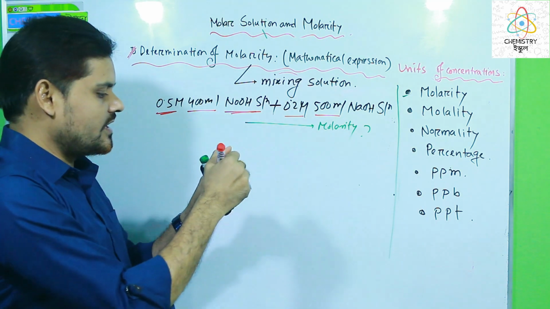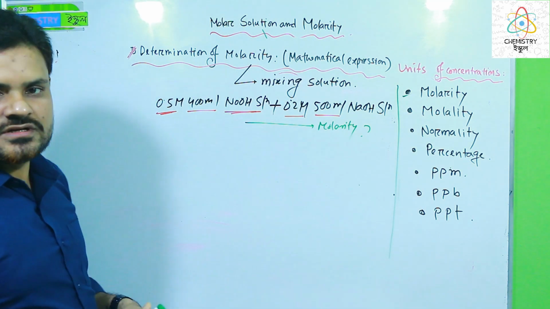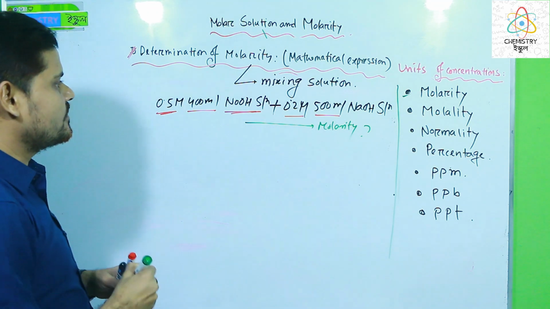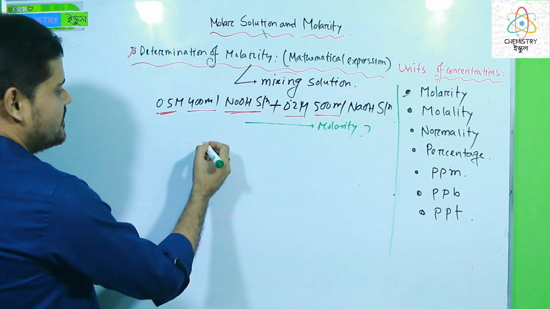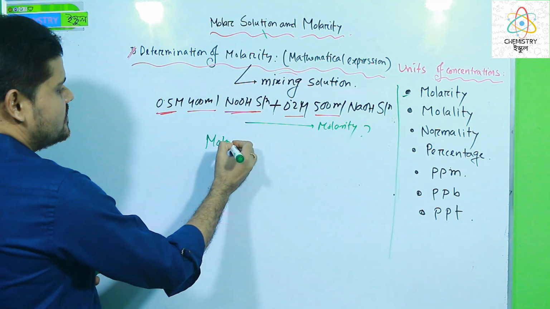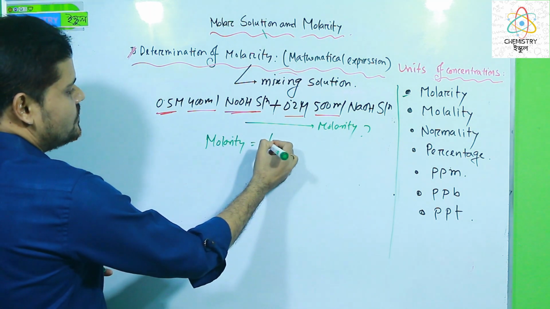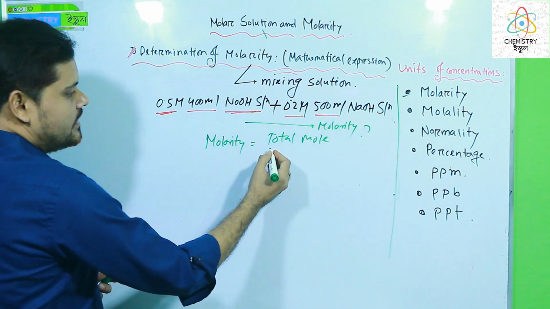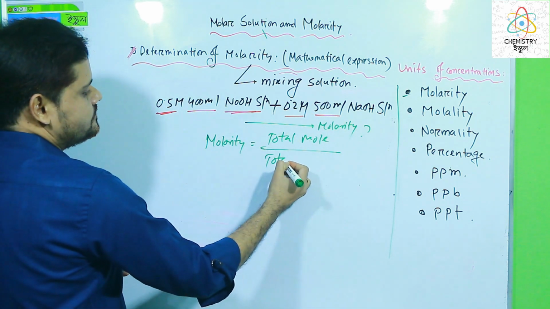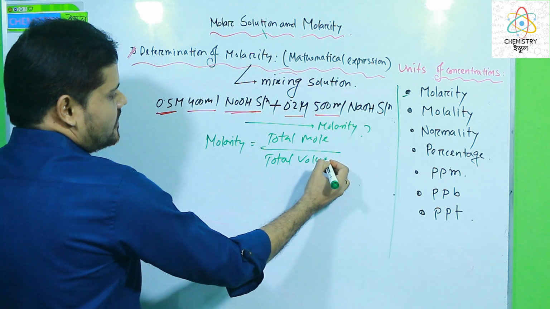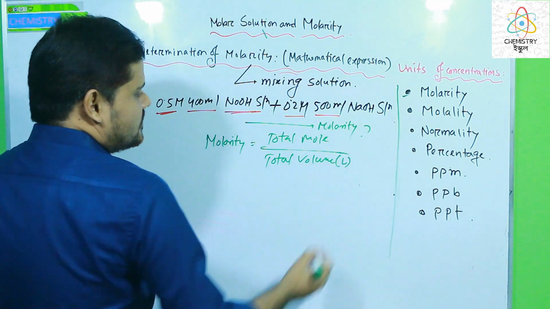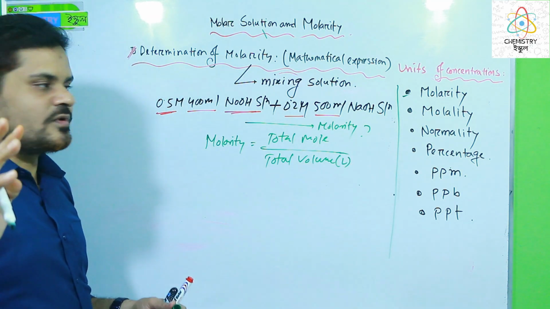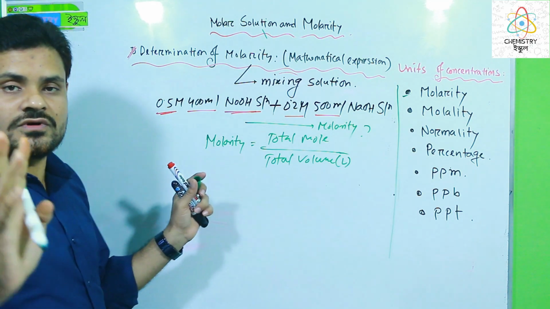So we have the information to determine the molarity. Here we can find the molarity of the mixed solution, I mean the total moles of the solute divided by the total volume in liters. Dear learners, it is simple to understand the total volume.